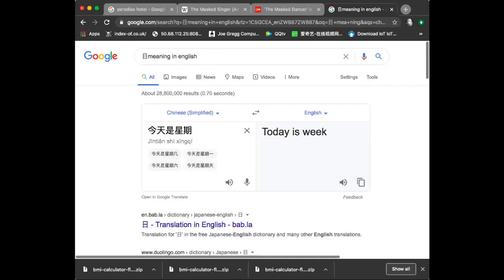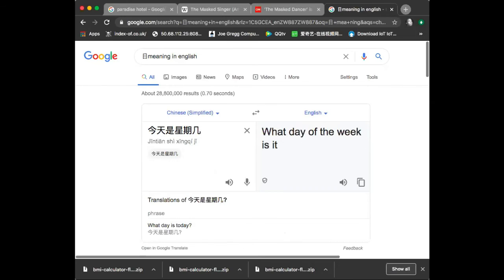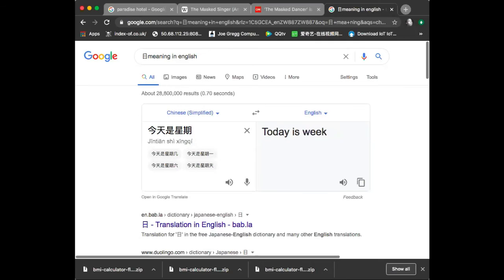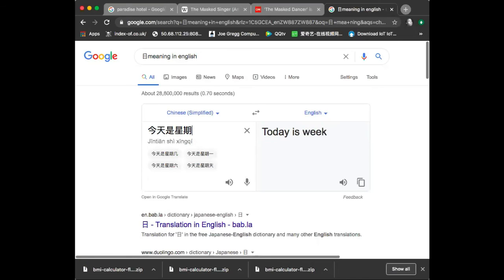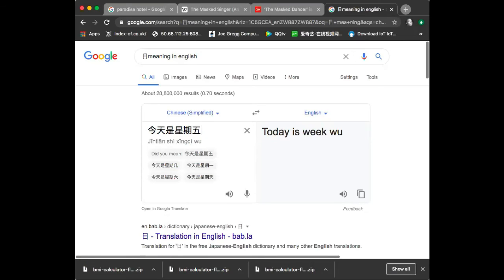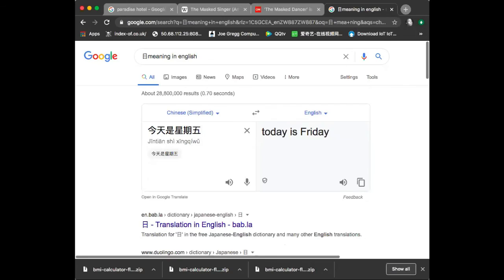So the person who's asking uses 几, 今天是星期几, and the person who's answering uses the number, for example 5, 今天是星期五. Today is Friday, so that's how you respond to that.